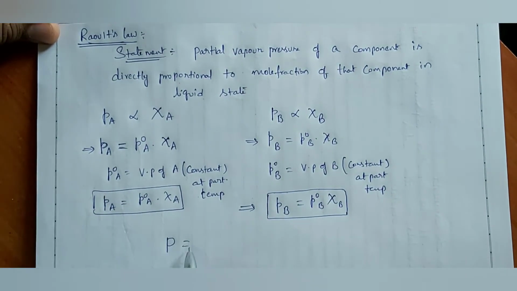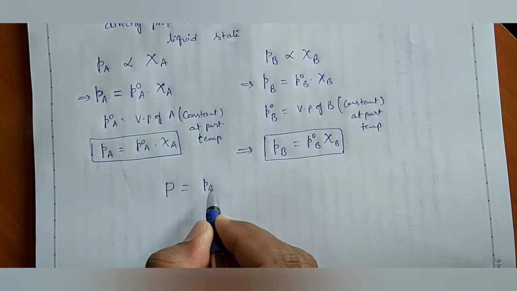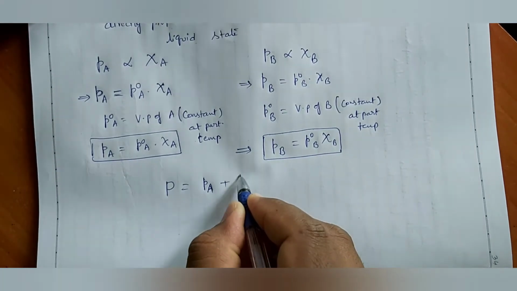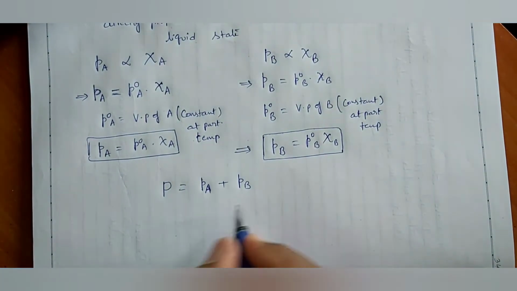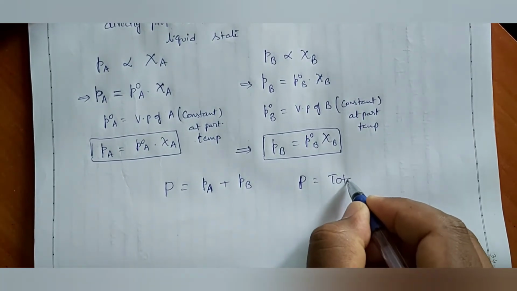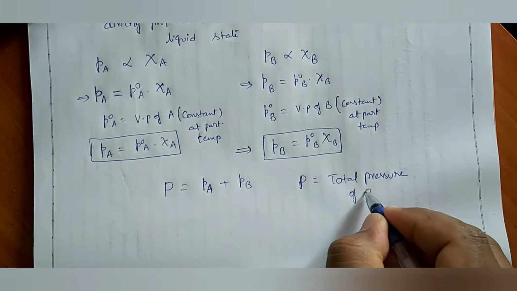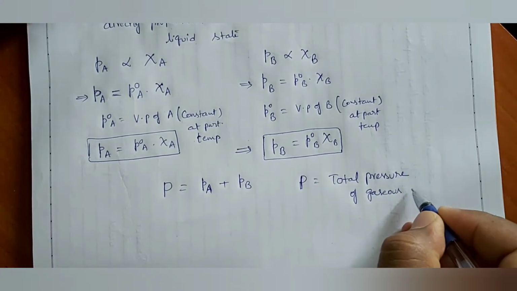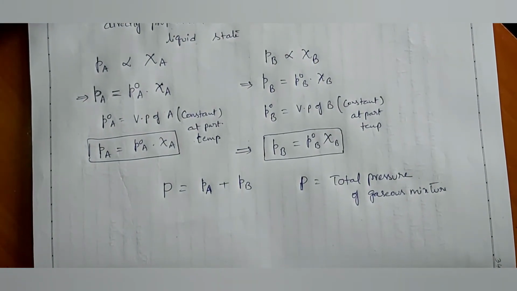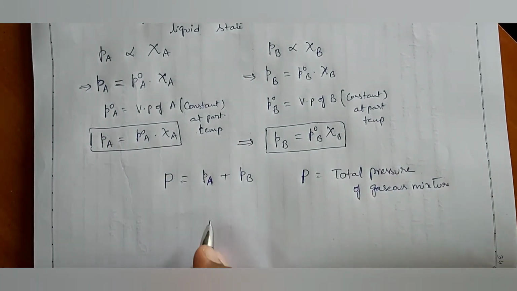Total pressure P is equal to partial vapor pressure of A plus partial vapor pressure of B, where capital P is equal to the total pressure of the gaseous mixture, then it is equal to Pa plus Pb.